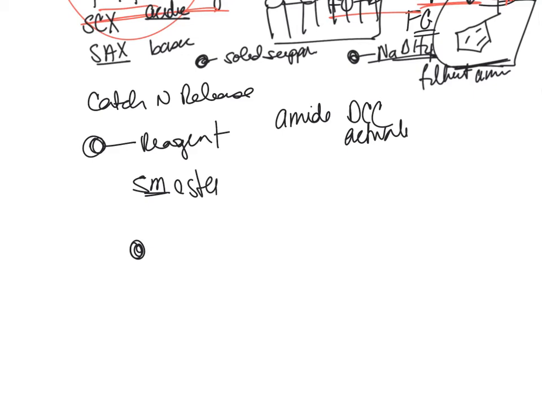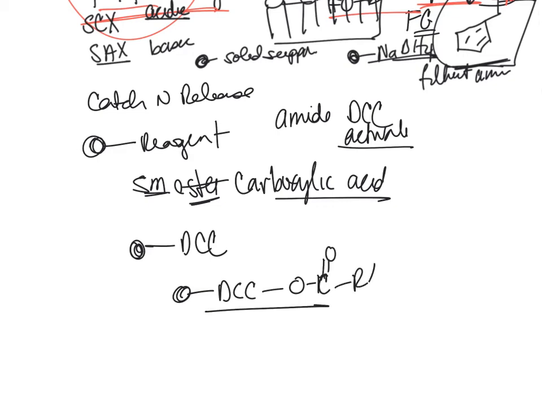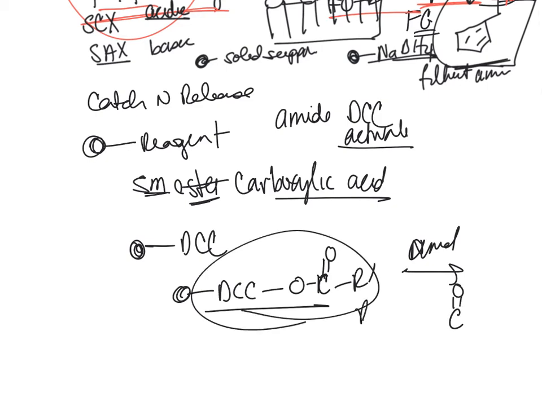Okay, so if you have a carboxylic acid and you have DCC, DCC would catch your carboxylic acid, and then you do your reaction, and then you could rinse it with, in this case, probably an amine, and then all of a sudden the reaction is happening on this resin, and then it releases it to give you your product.